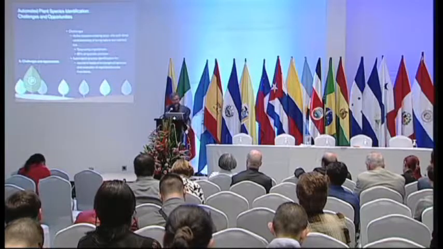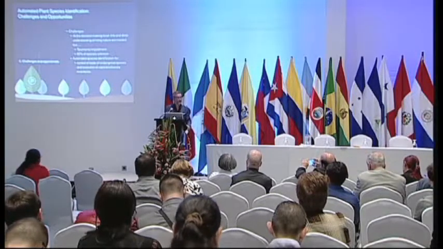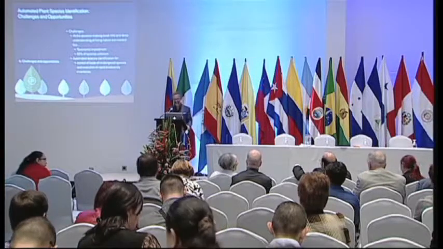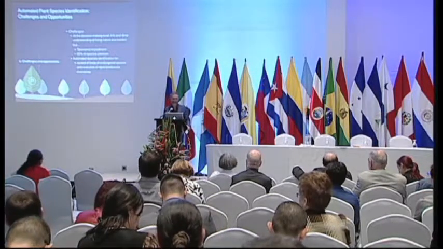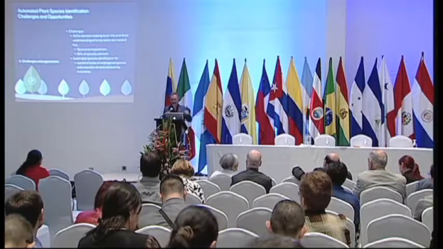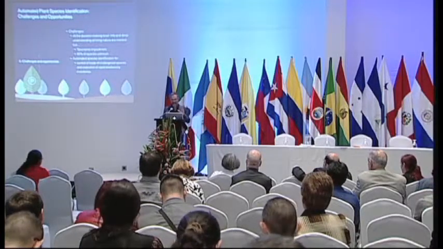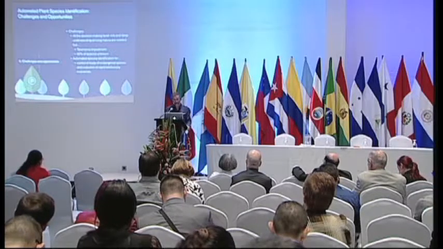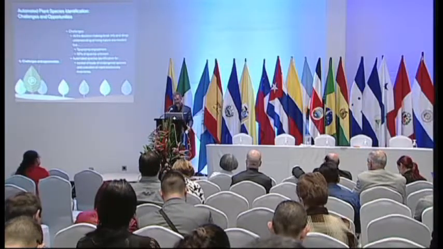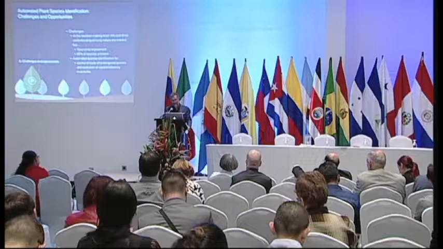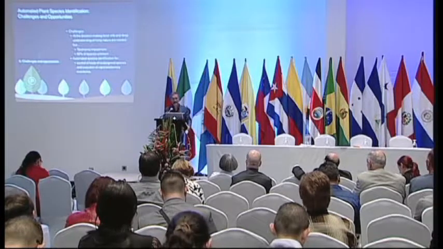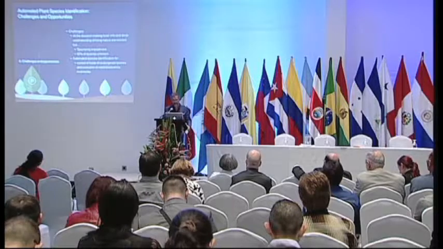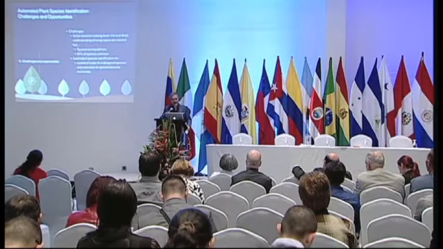All right. I haven't seen the 1 minute card, but I suppose it's over already. So let me take this final minute just to remind you of a couple of challenges. One is the taxonomic impediment for such a huge amount of information, and the other one is that we want to automate the species identification, not just to develop this encyclopedia of all species on the planet, but for practical reasons.